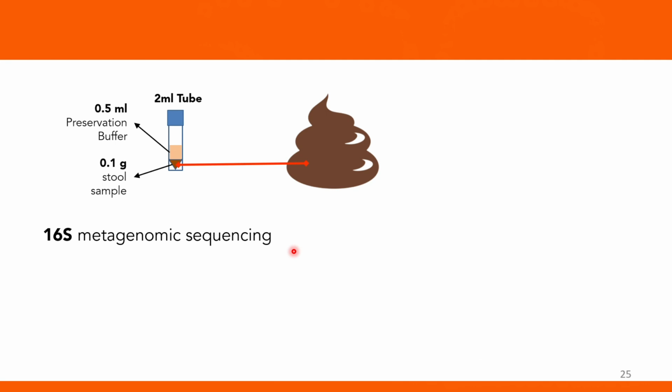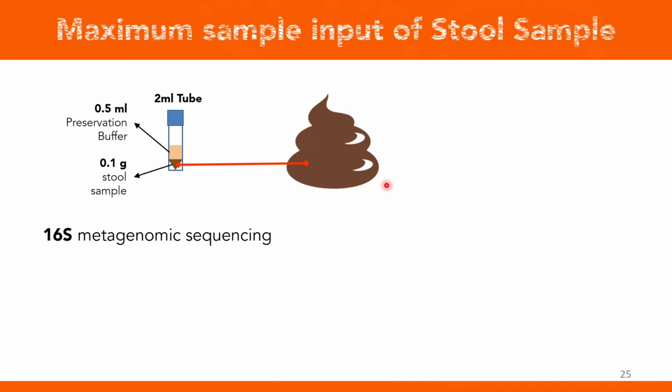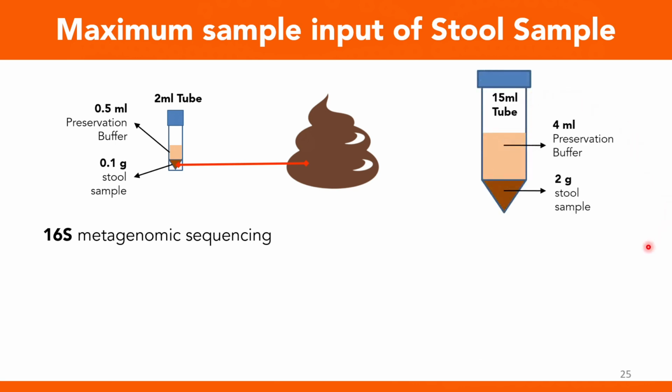But nowadays, scientists are not only interested in 1 point of the stool. They want maximum sample input, because only 1 point of the stool may not represent the whole population.